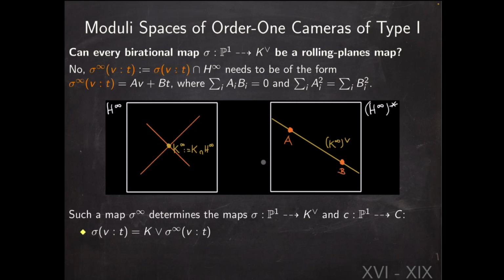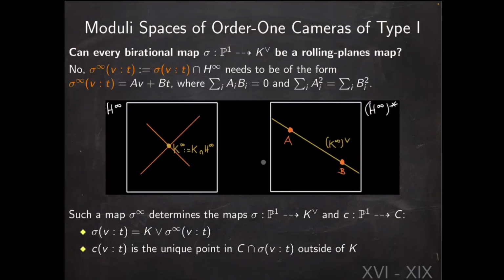But if you pick a map that is good, here this sigma infinity notation is simply the intersection of an orange plane with the plane at infinity. That's an orange line in the picture. And if you have such a map, you can, of course, get back the actual orange plane by just taking the span with the fixed line k.